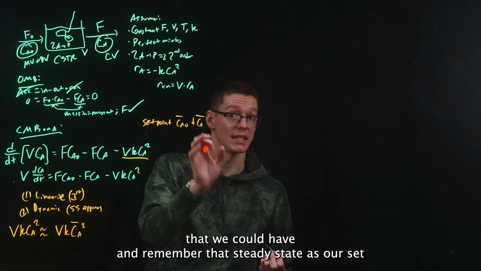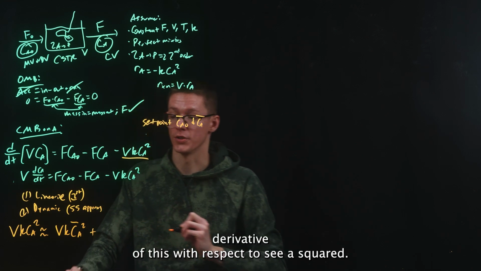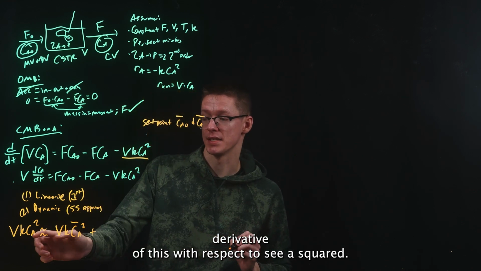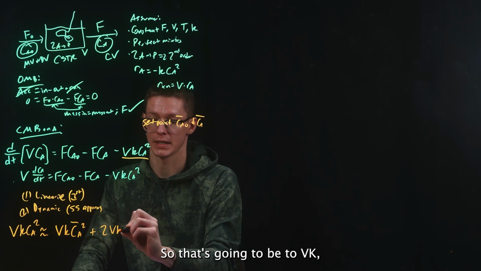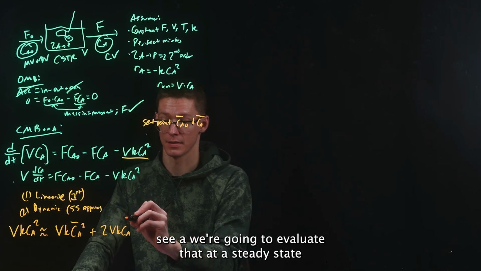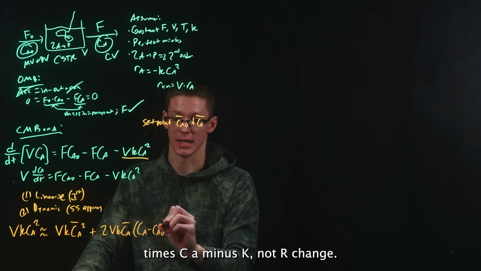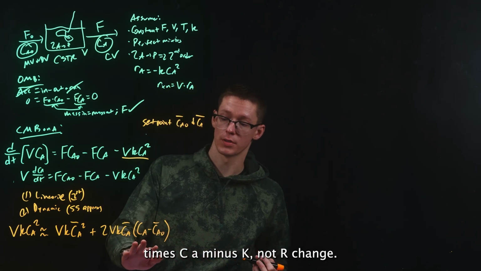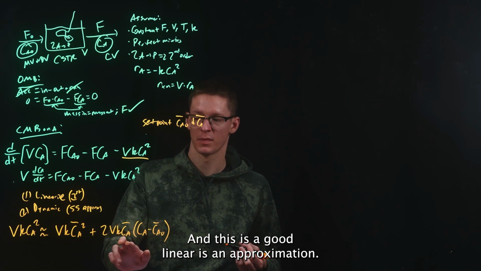And remember that steady state, that's our set point, plus the derivative of this with respect to Ca squared. So that's going to be 2VKCA. We're going to evaluate that at the steady state times Ca minus Ca naught, our change. And this is a good linearization approximation.